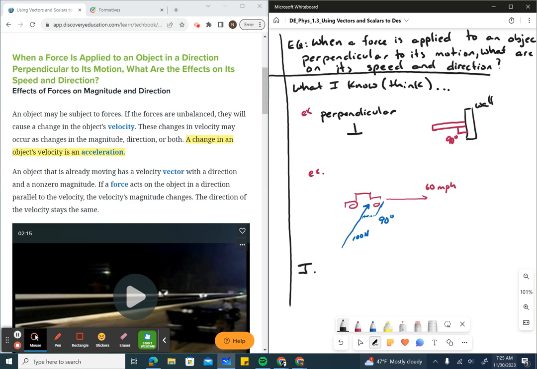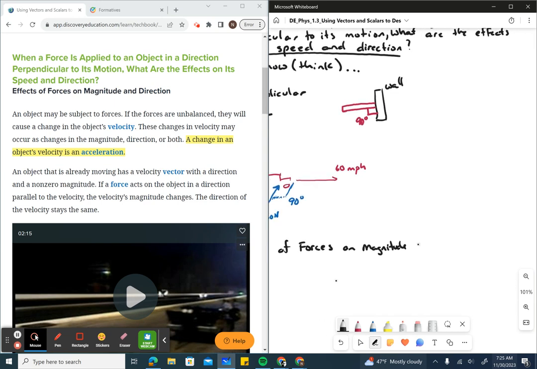Okay. Well, now that we kind of just got our brains warmed up a little bit, we were just thinking about the effects of force on magnitude and direction. The effects of forces on magnitude and direction.